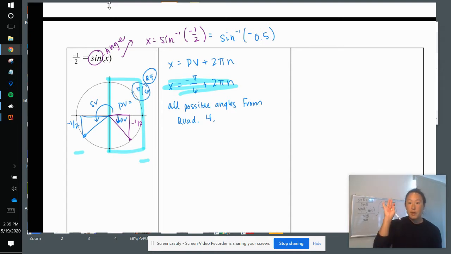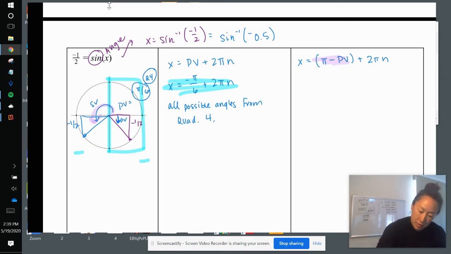So I took care of my fourth quadrant stuff. Now what do I do for the third quadrant? For the third quadrant, I'm going to use x is equal to pi, so 180, minus the principal value plus 2 pi n. And this will give me the angle in the third quadrant.